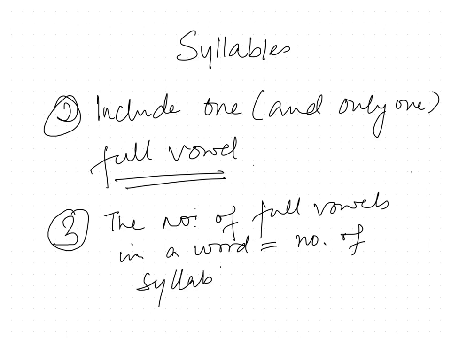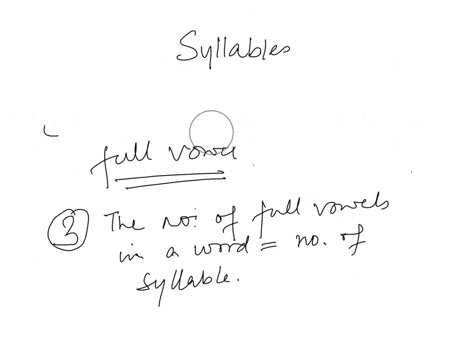So if the word has 3 full vowels, you can have 3 syllables in it. If it has 2, you can have 2 syllables in it. If it has got 1 full vowel, it is a monosyllable, a single syllable. Okay? All right.